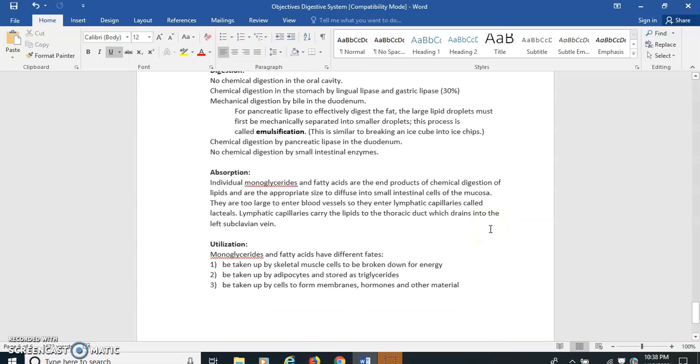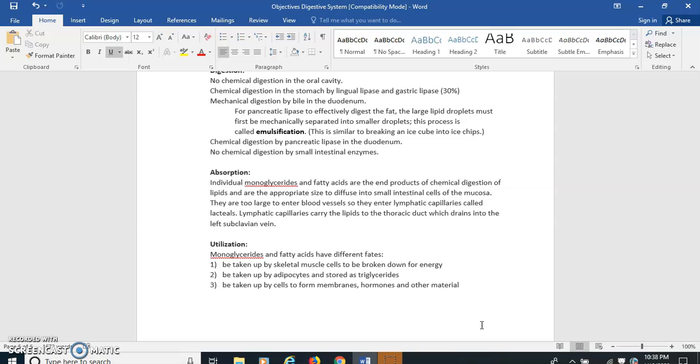And then after those free fatty acids and monoglycerides are in our bloodstream, there are three fates. The muscle cells might use those fatty acids for energy, so that's a possibility. The fatty acids will enter aerobic cellular respiration in the mitochondria and be broken down to make energy, or ATP.